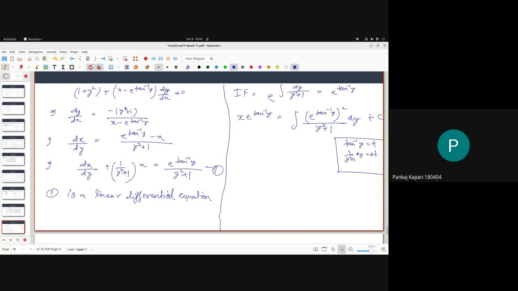So if you do that, then tan inverse y is t, so e to the power t whole square, which is e to the power 2t, and then dt, and that will just become half of e to the power 2t. So this is the integral.